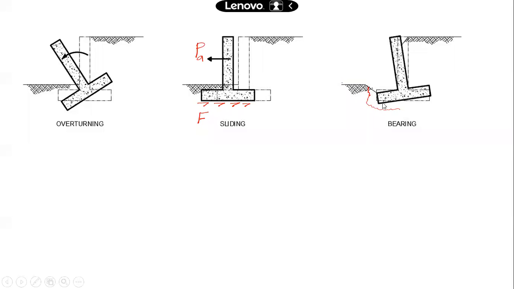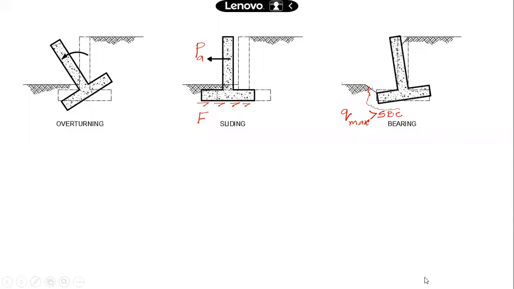The soil has failed due to bearing. Q max is more than the SBC. That is what has happened in this case. When the Q max exceeds the safe bearing capacity of the soil, this will happen. So these are the stability considerations.